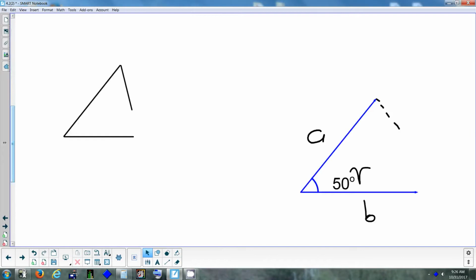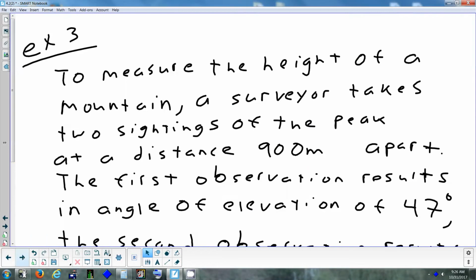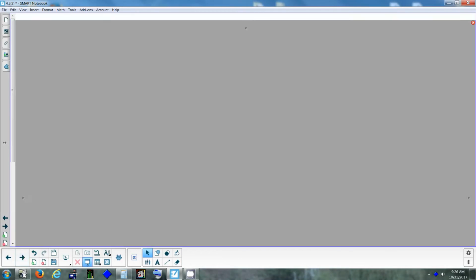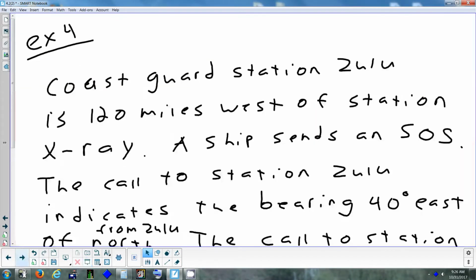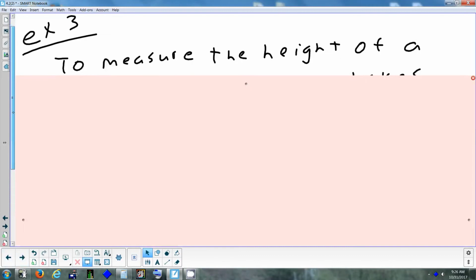Okay, any questions on that one? Okay, so that's the two solution case, which takes a little longer than normal, and the no solution case, which is pretty fast. All right. All right, so let's look at two word problems, and then that'll be it.